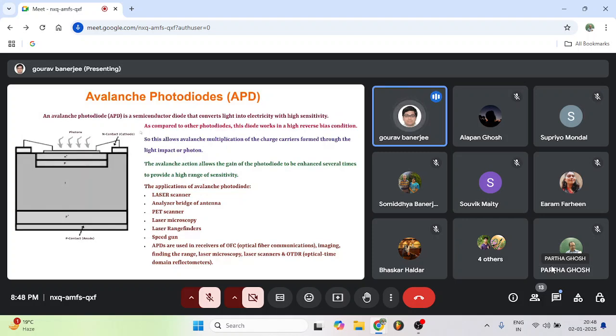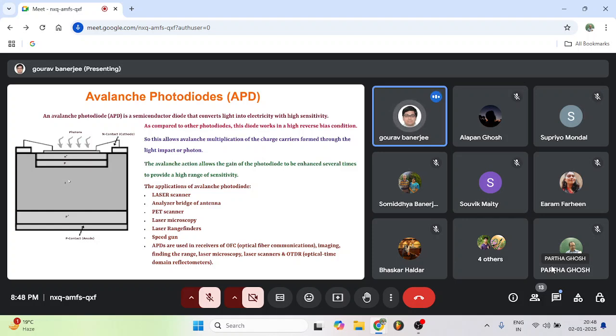In the diagram you see the light is falling on the top surface, and it increases the number of electrons. In an avalanche photodiode, the reverse bias is already very high. So when a small amount of light falls on the detector, it generates a very small number of electrons that trigger the avalanche breakdown, which produces a very high current flow through the circuit.